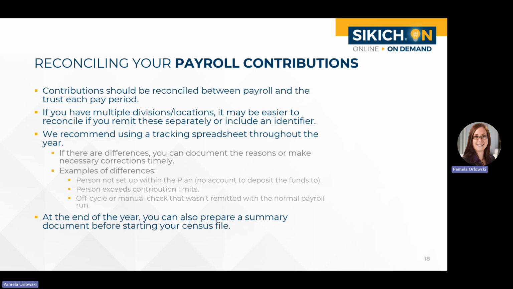You'll then see that maybe your final remittance and what posted didn't agree to what happened in payroll, and you can look into it quickly and either correct that or just document that that was the reason for the difference. You could also identify if there's an update in the system that needs to be made. Maybe you have a new participating employee within payroll, but they weren't ever set up in the service provider's system.